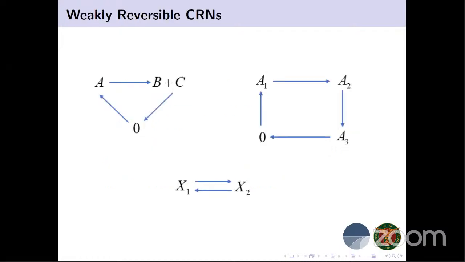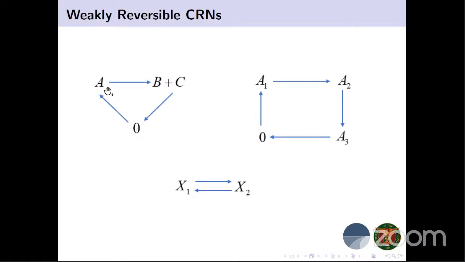I will not discuss formally what weakly reversible CRNs are, but I'm going to describe them in these particular examples. These are three weakly reversible CRNs. In this first one, if we consider two complexes in this network, say A and 0, there is a directed path from 0 to A, which is obvious.